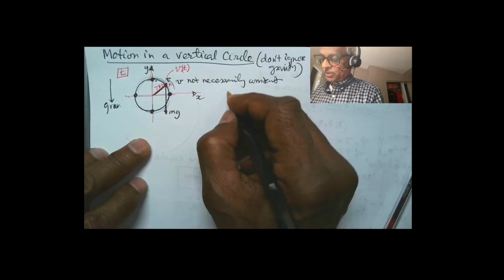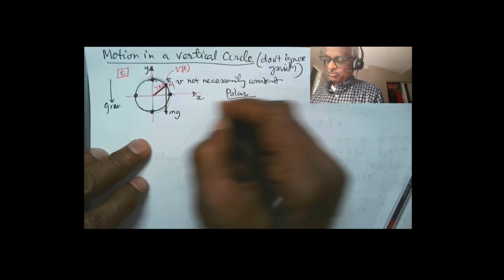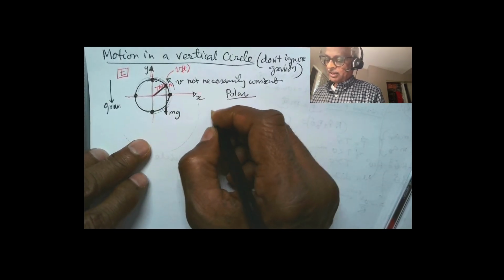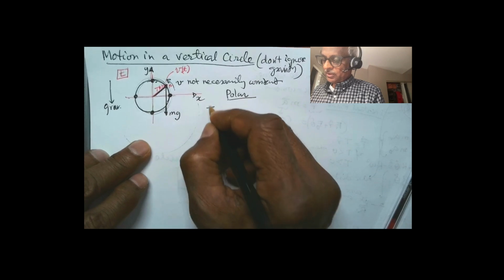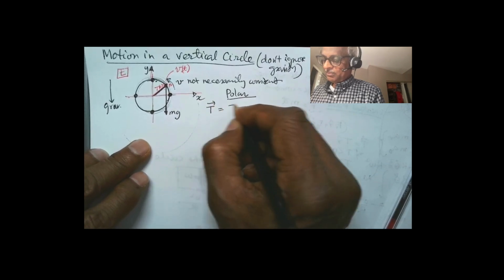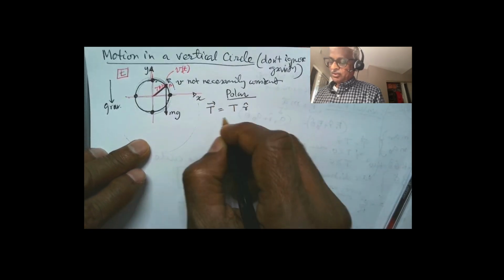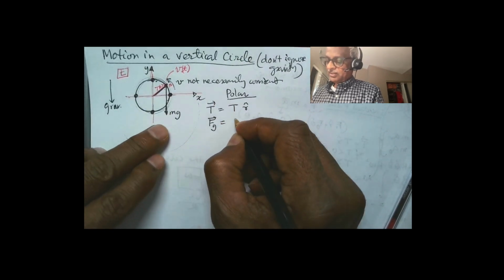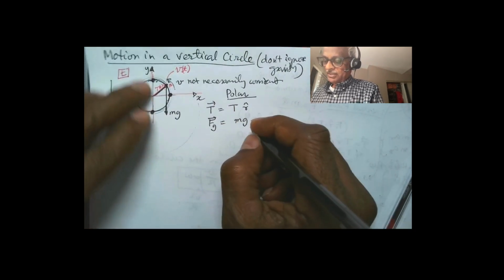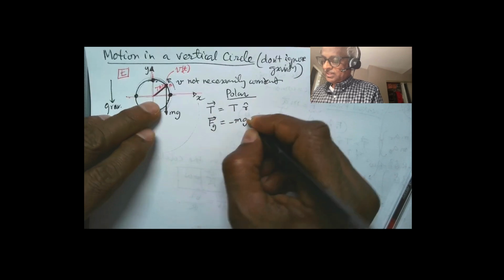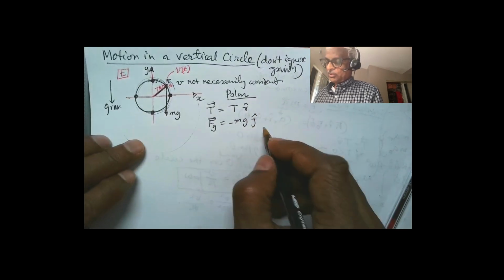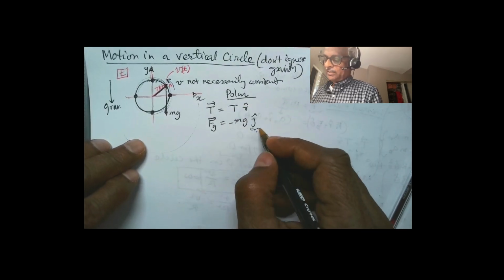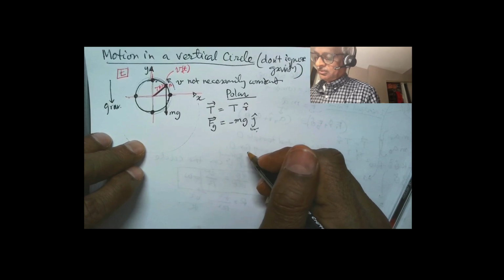So let's do it in polar. Which means the tension will be written as some tension T r hat, but gravity is minus mg j hat. So I'll have to write this in terms of r hat and theta hat.